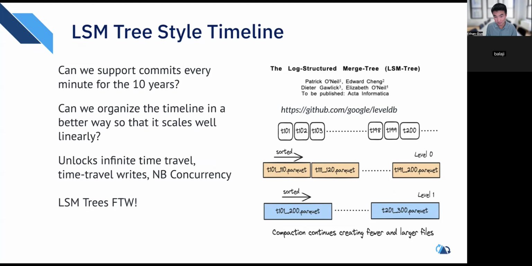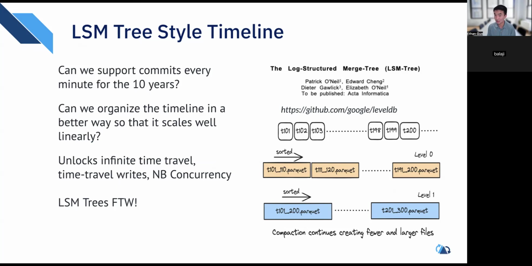Say in this example on this slide, you have some instants in a Hudi table from T101 to T200 and so on. Storing each file per commit can be costly, especially on cloud storage. So with an LSM tree, we will compact some of those into bigger files and push them down into the tree.